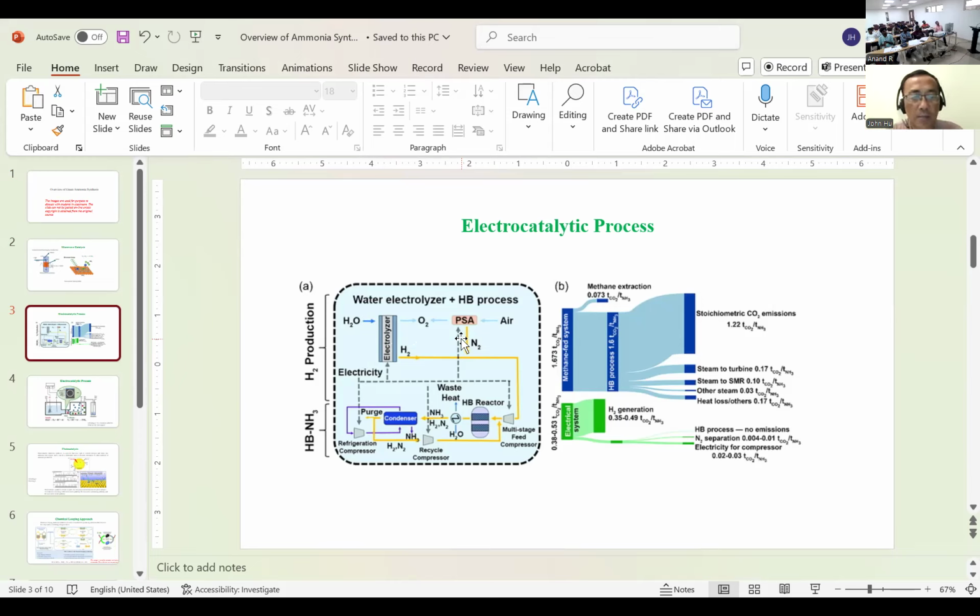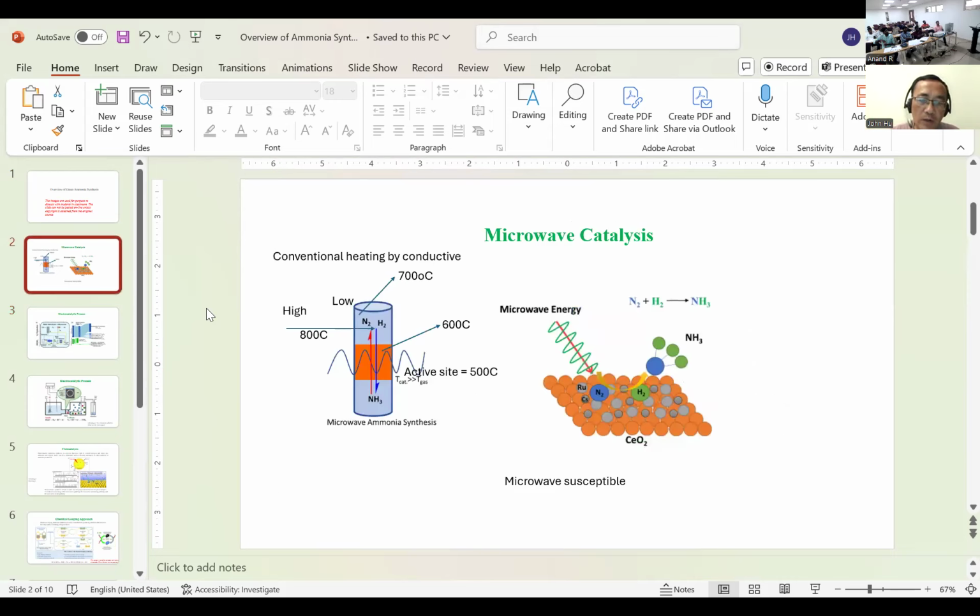But so far, based on the projection, it's not enough to supply the whole world. Okay, so anyway, the electrolysis is very simple. You produce hydrogen, and then you use Haber-Bosch. I would say this is more like a hybrid mode. It's still Haber-Bosch, the only thing you change is the hydrogen. It's different from microwave. With microwave, you change the Haber-Bosch process. It's not going to be Haber-Bosch anymore.